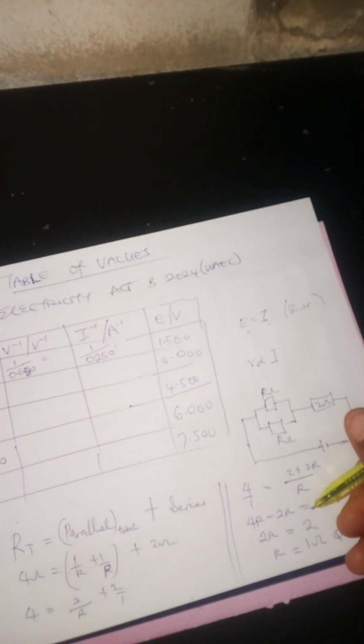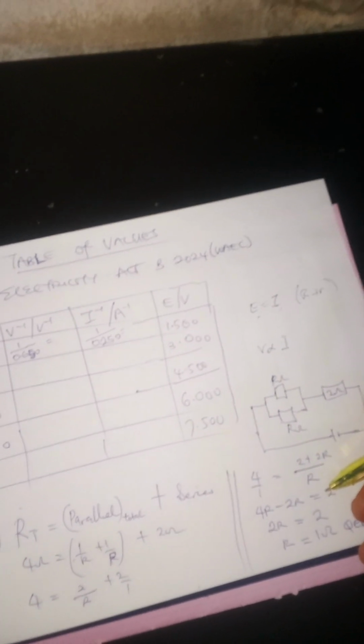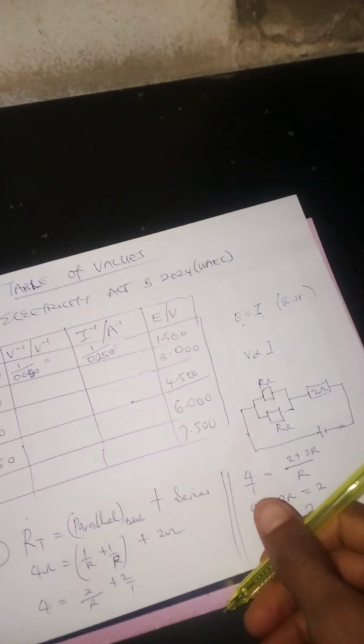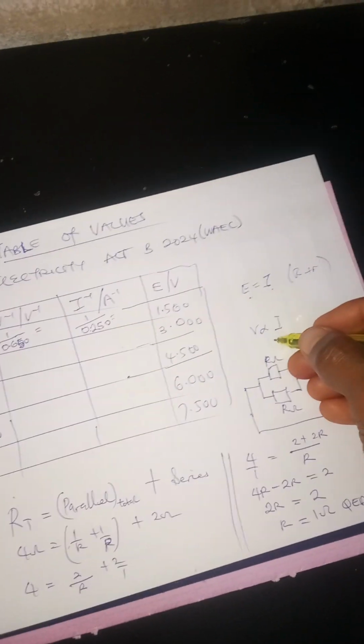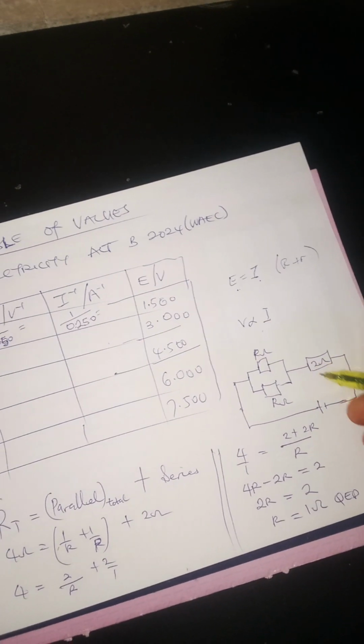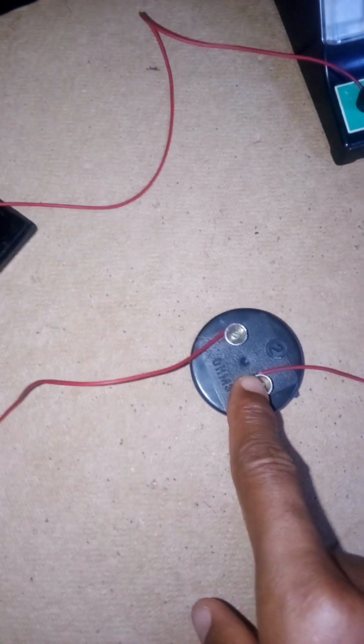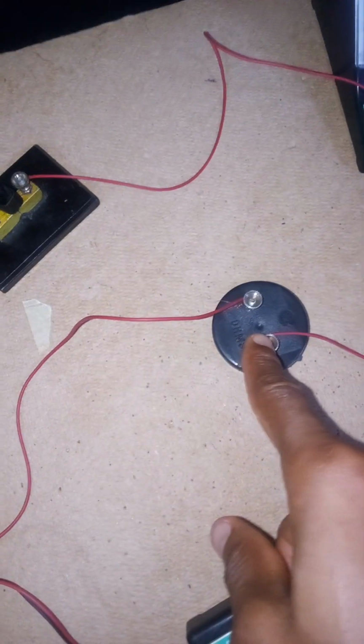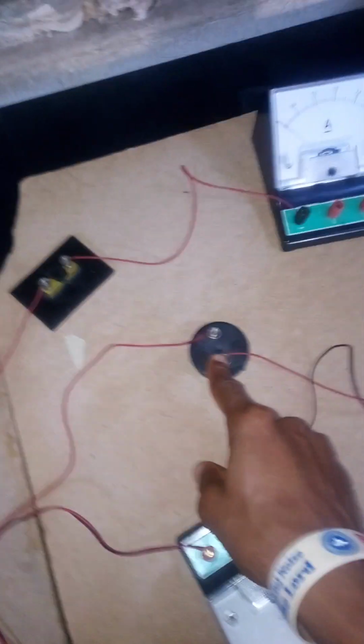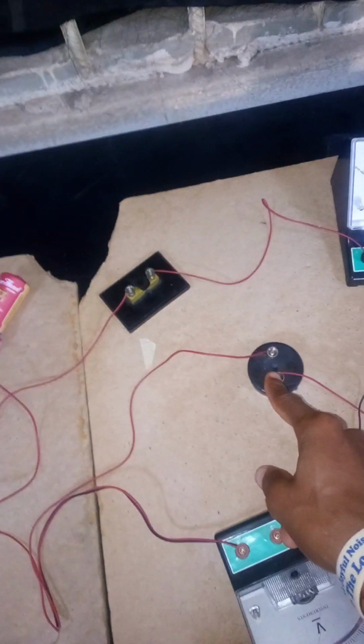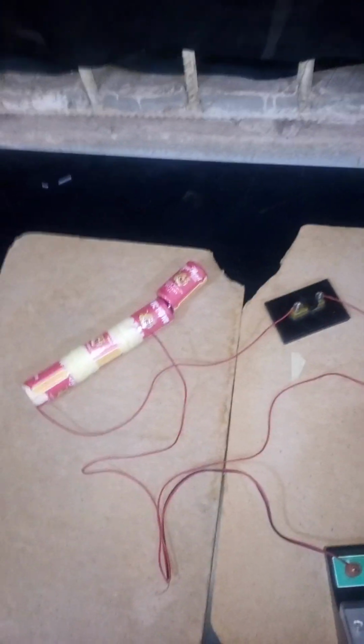So as voltage is increasing, current is increasing, provided the resistance is constant. And here in our connection, we have kept the resistor 2 ohms constant throughout the process. So this practical is for verification of Ohm's law.